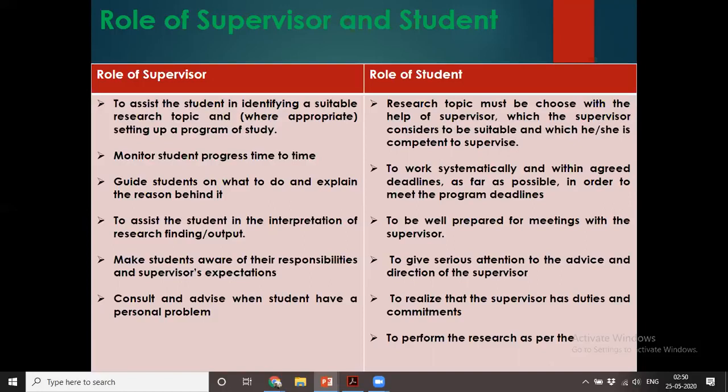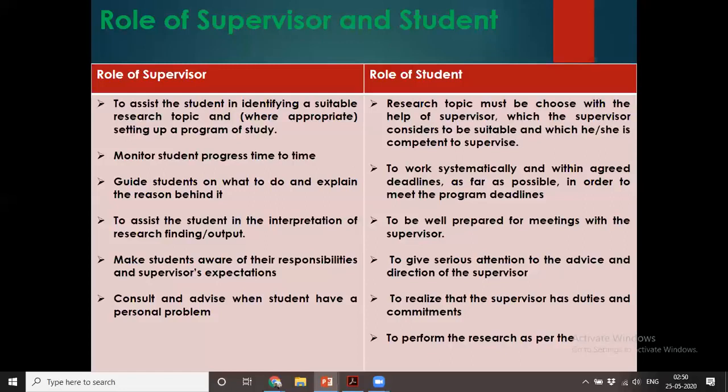Then, give serious attention to the advice and direction of the supervisor. If the supervisor is giving any kind of suggestion or advice to the research scholar, he must be attentive to that and consider it very seriously, which always reflects as a good sign in the relationship between your supervisor and the research scholar.